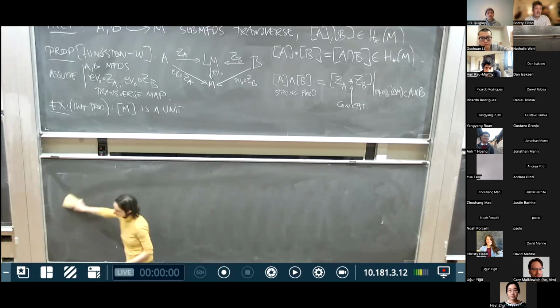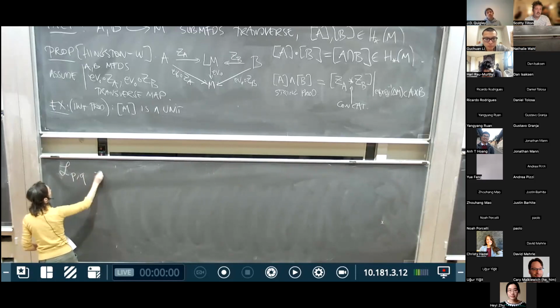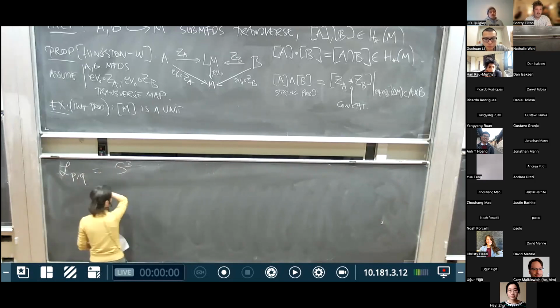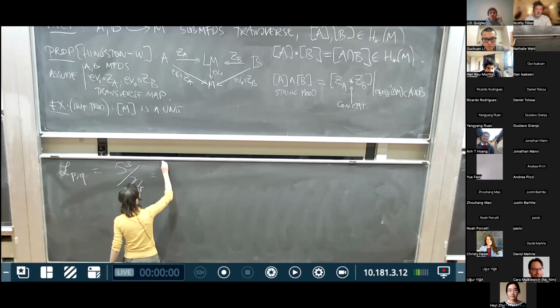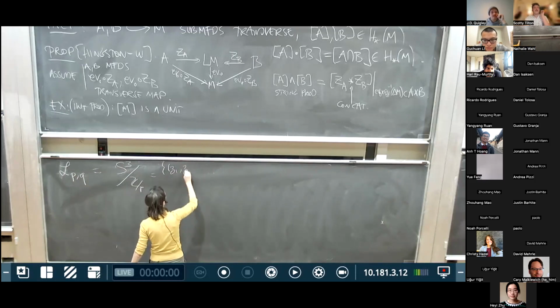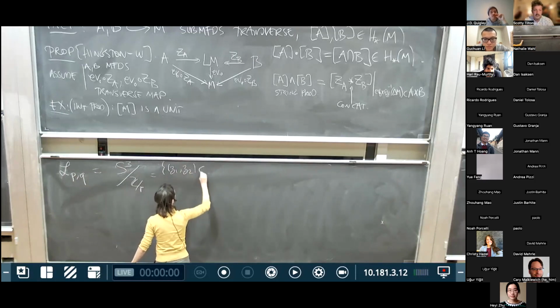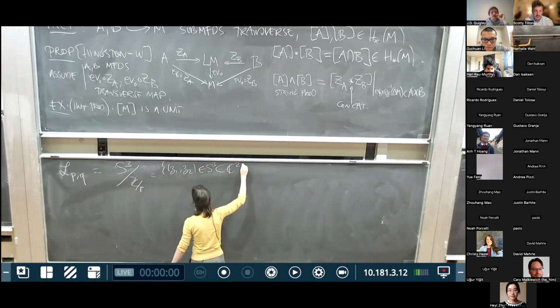If we take a three-dimensional lens space, L(P,Q), which is a three-sphere modulo an action of Z/P that depends on Q. So how do you do this? You think of the three-sphere as the unit sphere in the complex plane. This S^3 is inside C^2.